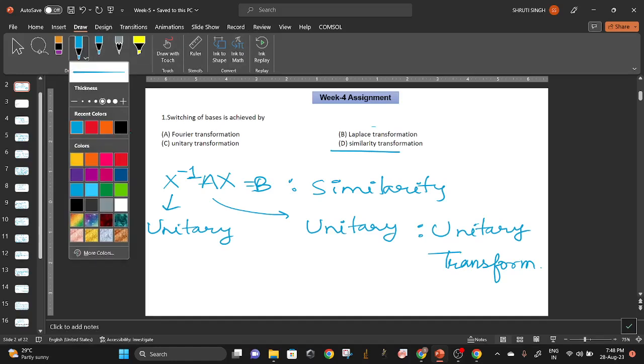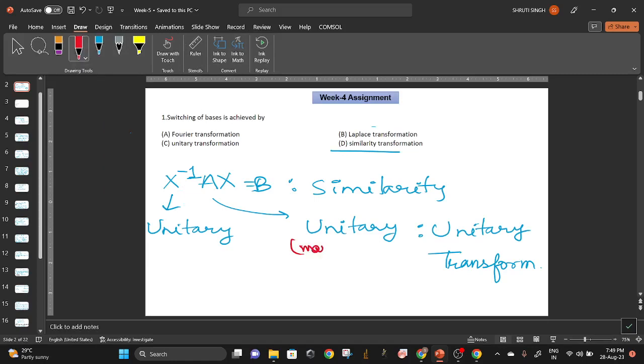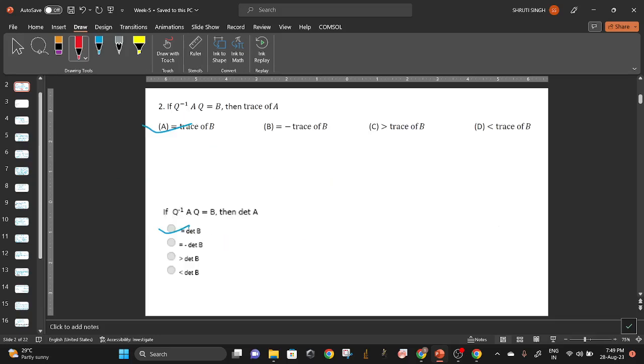No, I think this is wrong. When we use the matrix X, this may or may not be unitary. So when X, the matrix which we use to perform the similarity transformation, is a unitary matrix, then that transformation is called a unitary transformation.